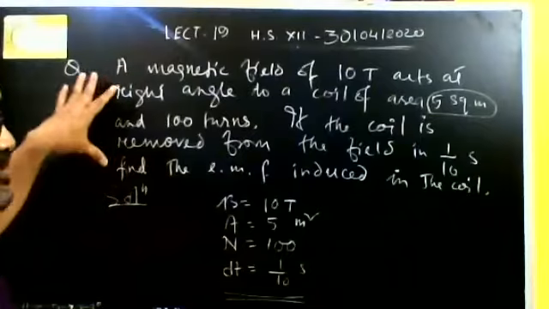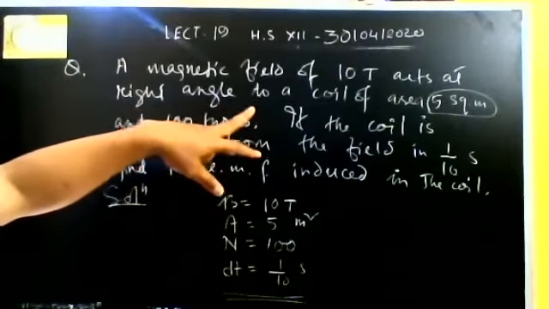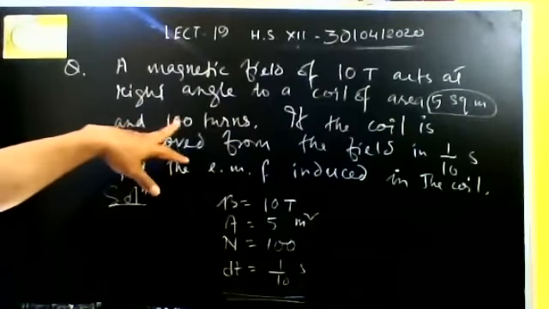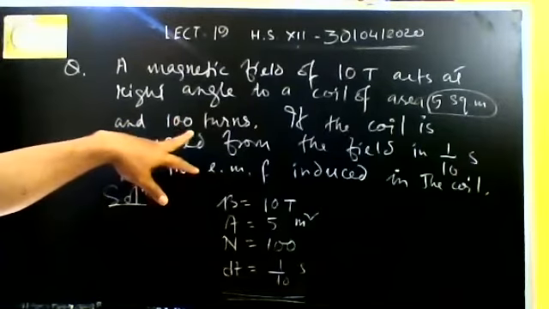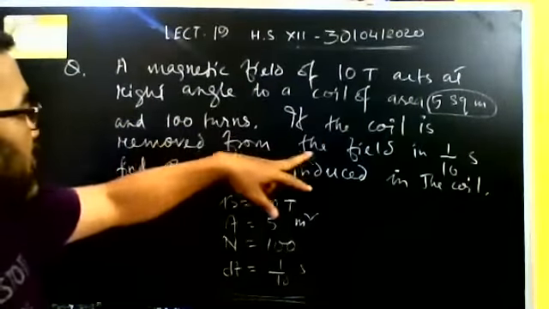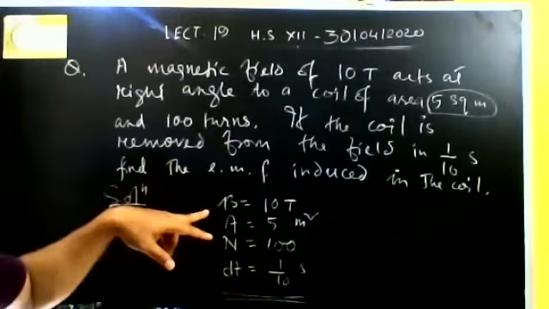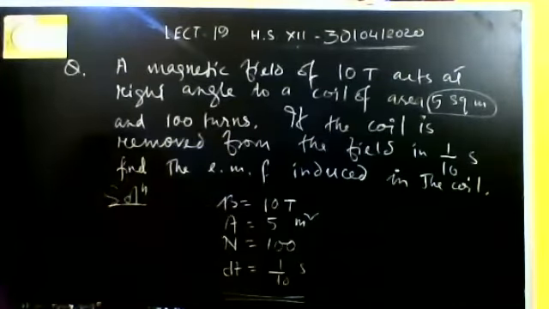So this is the question: a magnetic field of 10 Tesla acts at right angle to a coil of area 5 square meter and 100 turns. The coil is removed from the field in 1 by 10 seconds. Find the EMF induced in the coil.